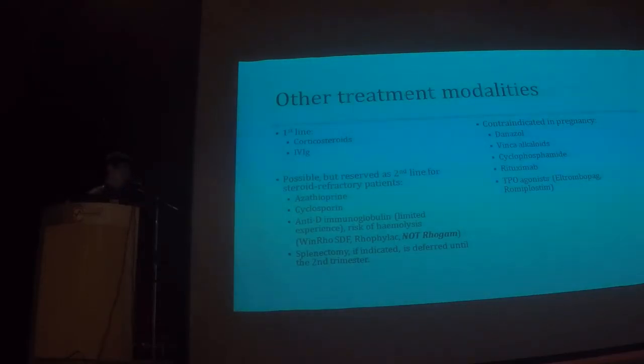So Hb has to be good. Anyway, we almost never use that in Malaysia, and we have very limited experience with that. Splenectomy, if indicated, we rarely do splenectomy here. Unfortunately, most of the other agents are contraindicated in pregnancy.